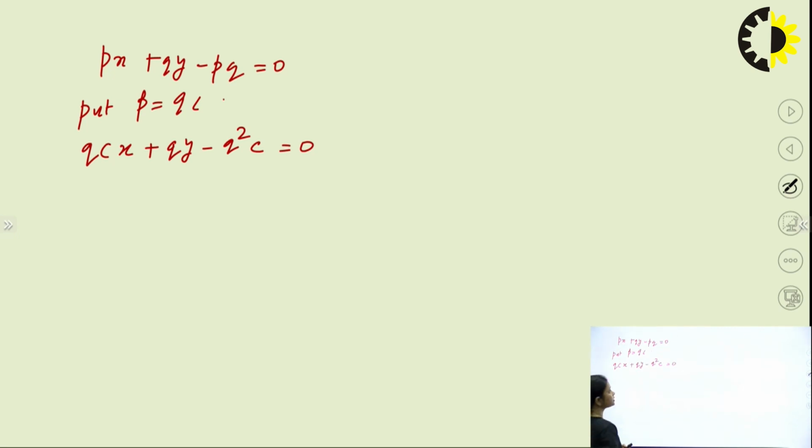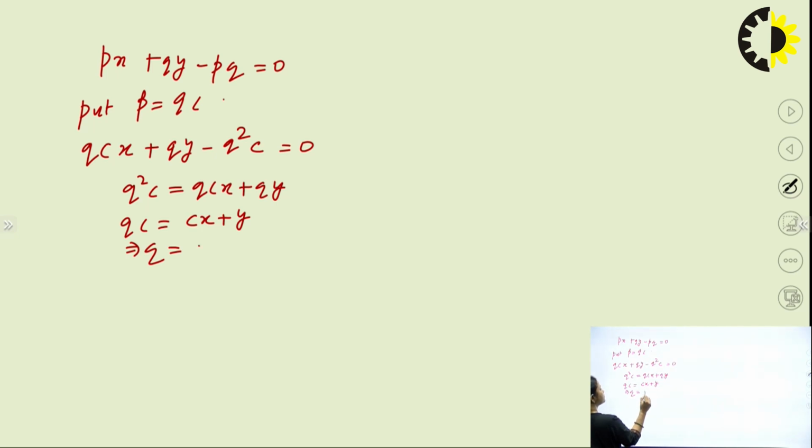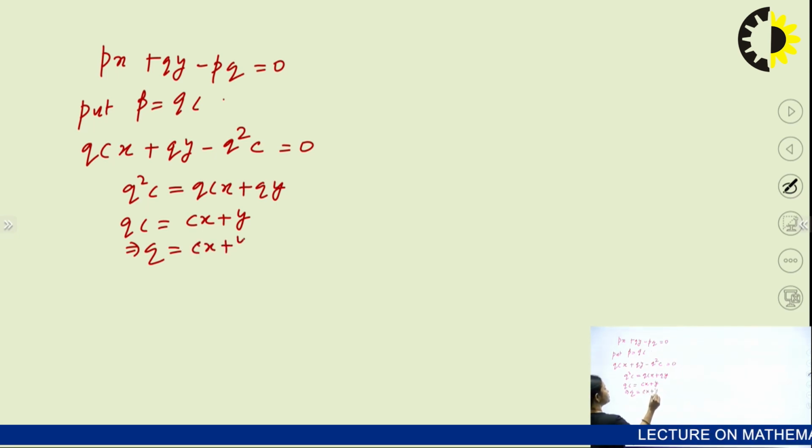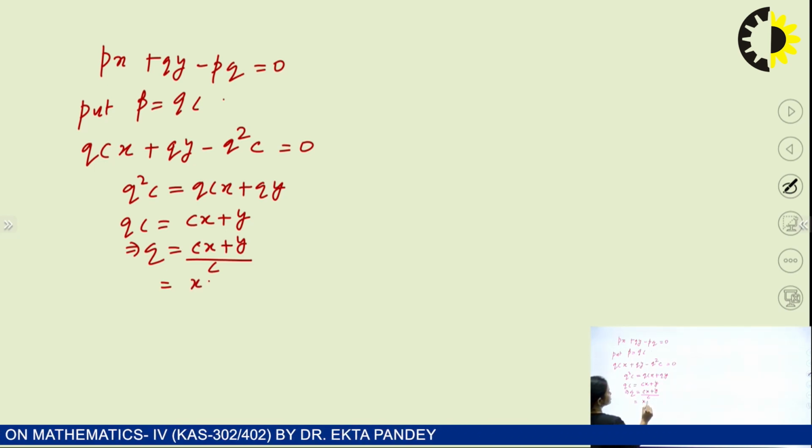Now just simplify this equation for q. So we will have q square c is equal to qcx plus qy, and qc is equal to cx plus y. This implies q is equal to cx plus y upon c, which is x plus y upon c.